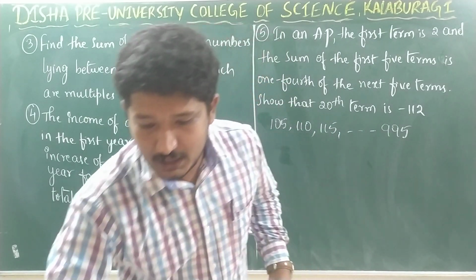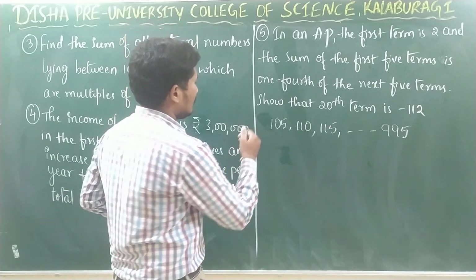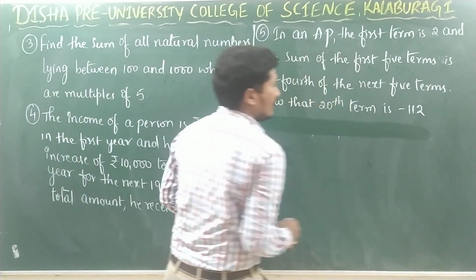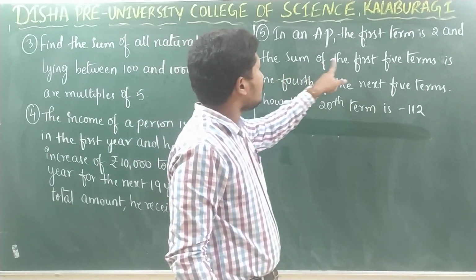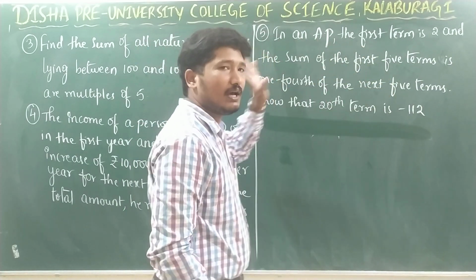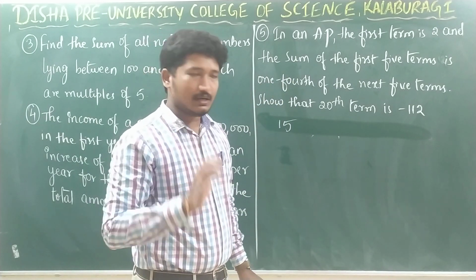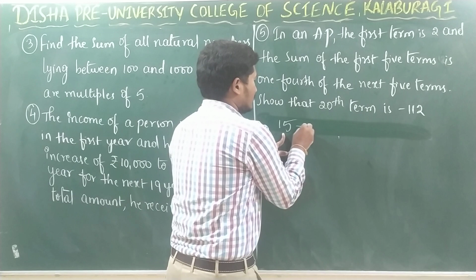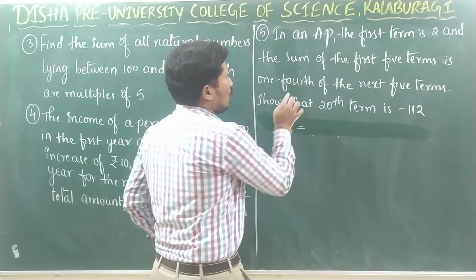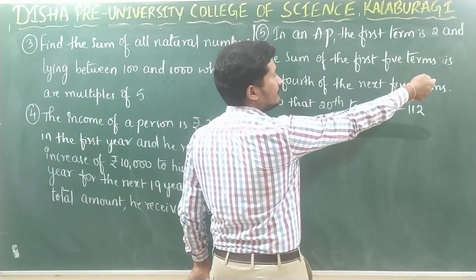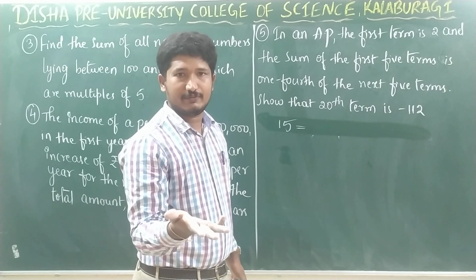So what do you mean by this? See here. Let us consider that the sum of the first 5 terms of the arithmetic progression is 15. So this must be equal to 1/4 of the next 5 terms. See, first 5 terms means A1, A2, A3, A4, A5.